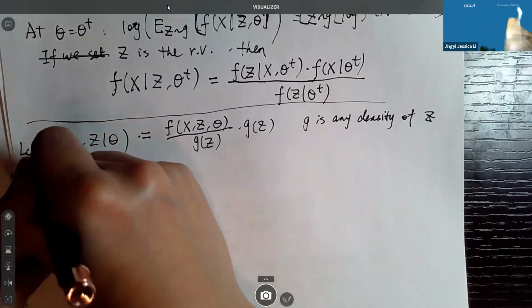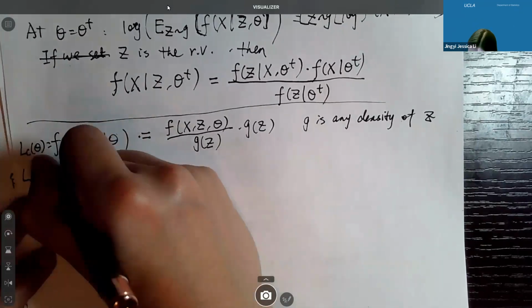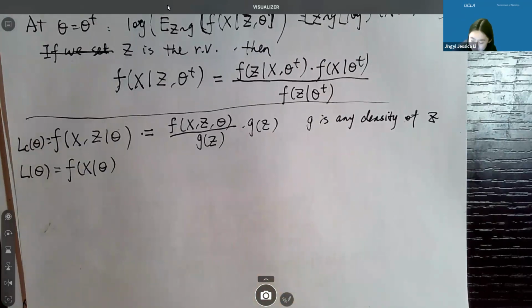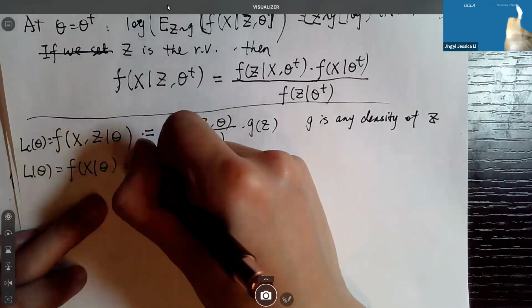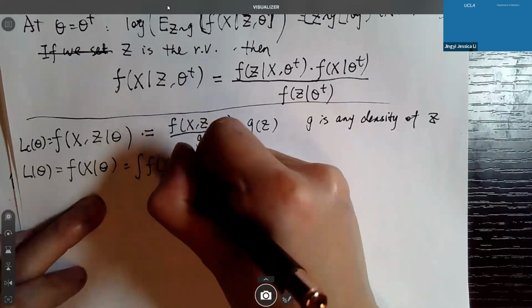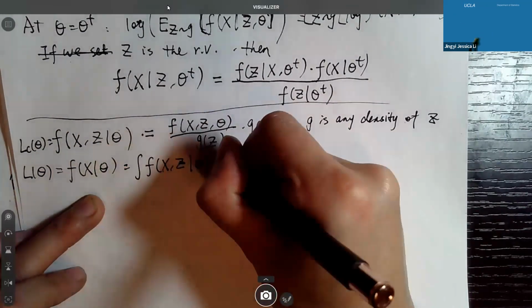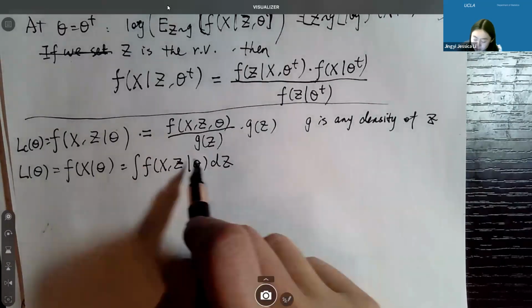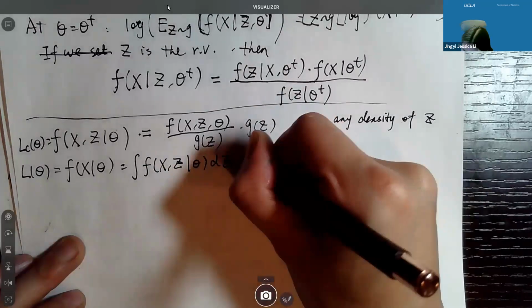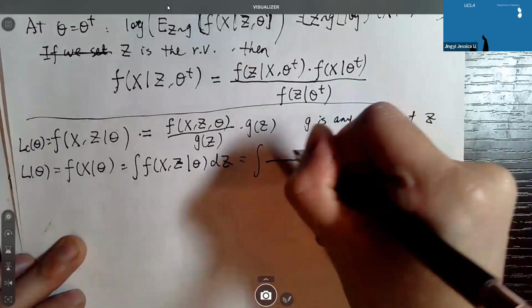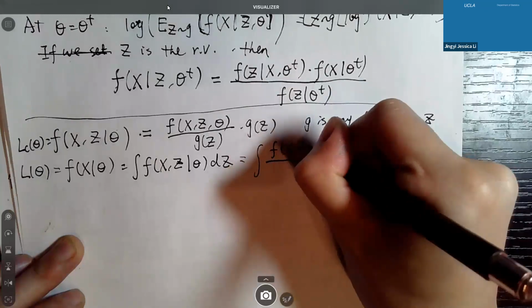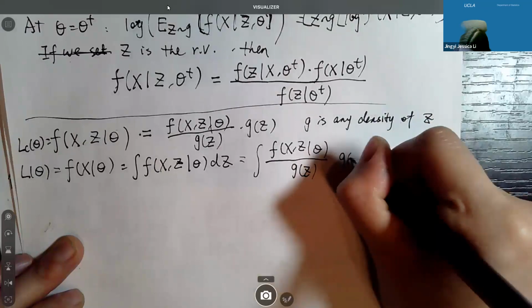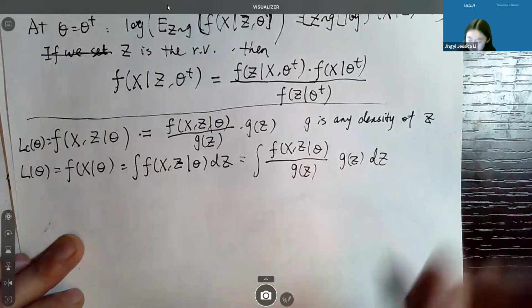But the likelihood of theta is defined as f of x given theta, so we don't know z. This can be regarded as the integration of f of x, z given theta dz. We integrate out z. Now I put the above formula back, and I get the integral of f of x, z given theta divided by g of z, times g of z dz.